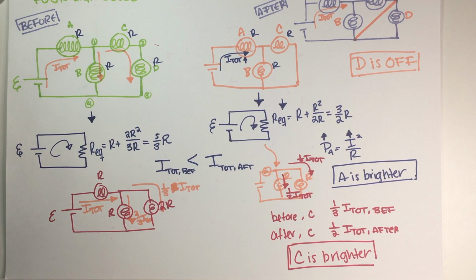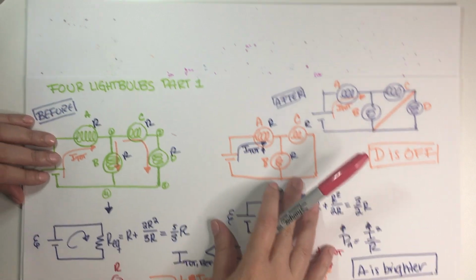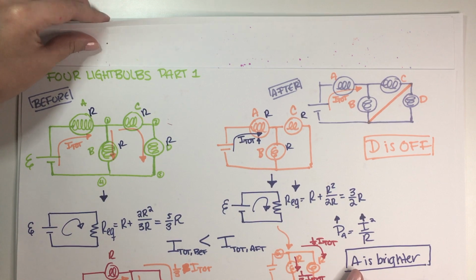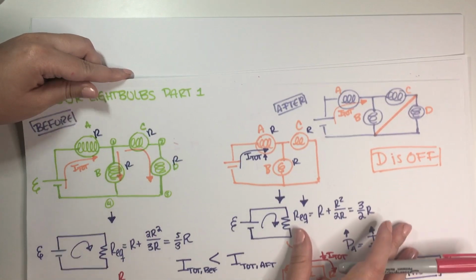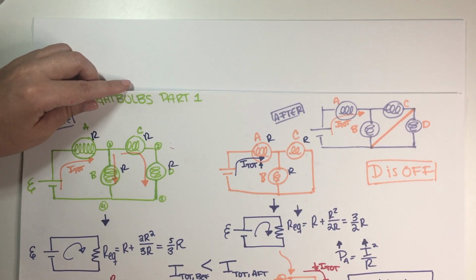So what I think that we can do is maybe compare some loops. Yeah, so maybe let's just compare some loops. And what I'm gonna do is I'm gonna write some loop equations over here, and then see if that helps.